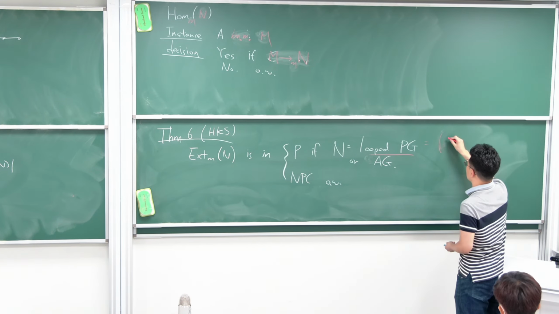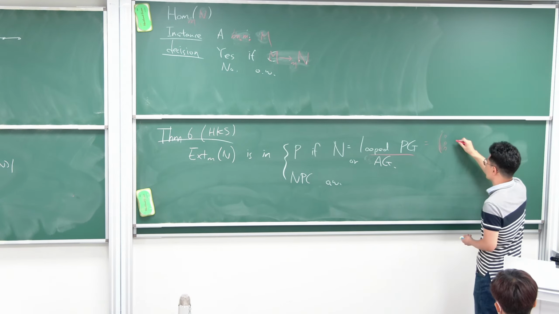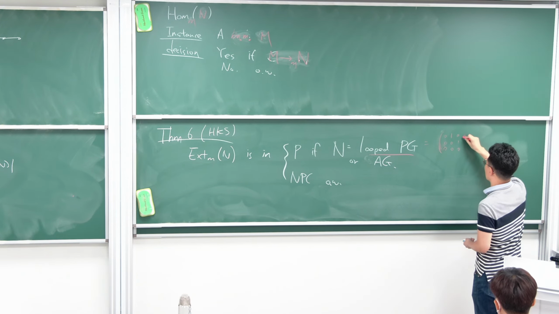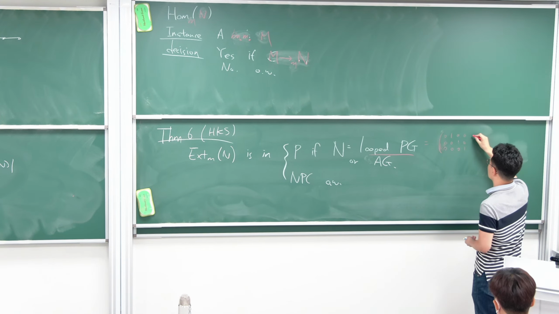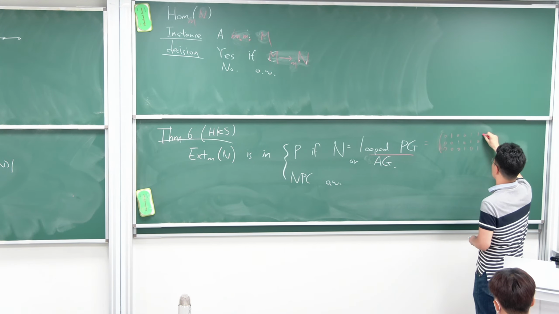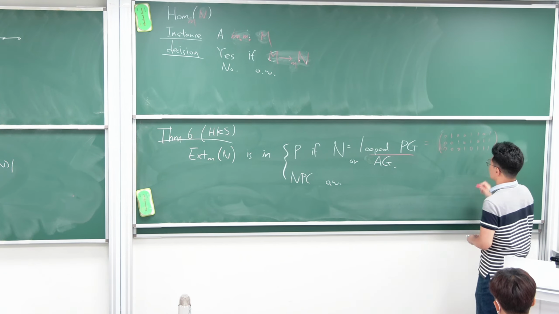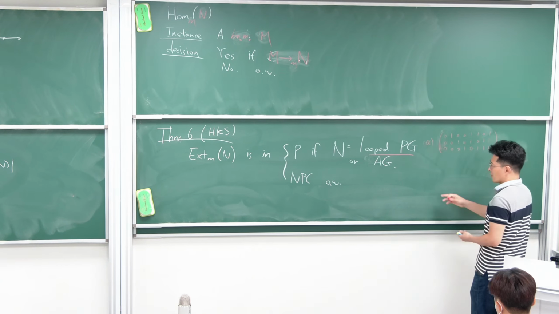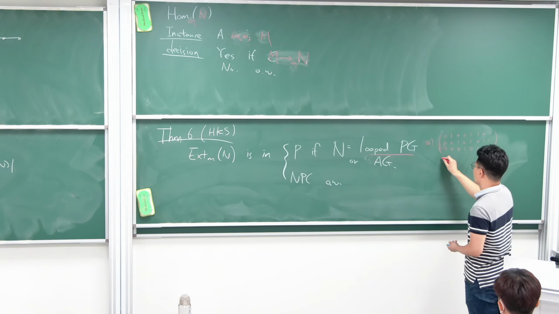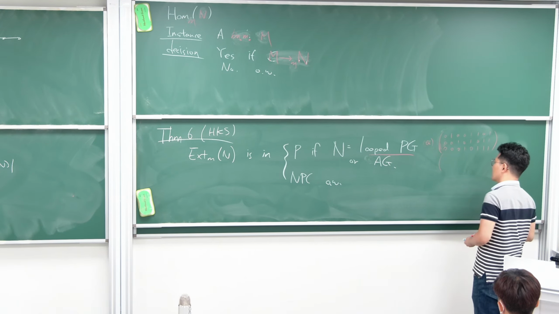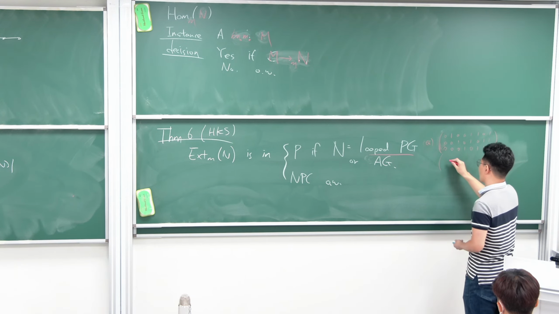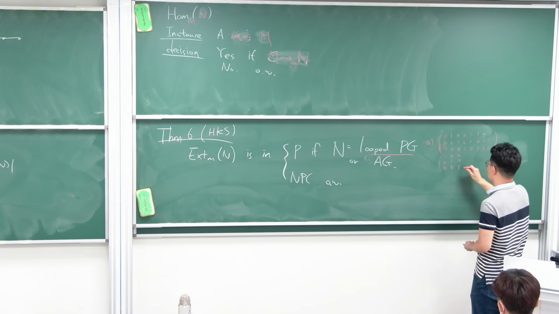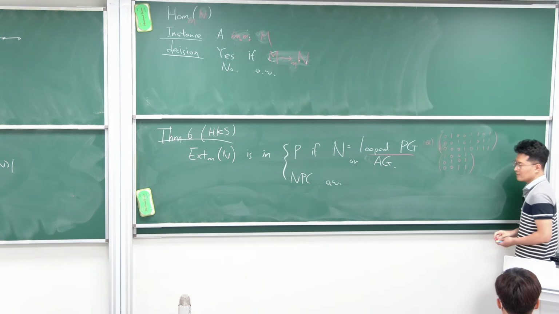So, for example, with rank 3, we have every possible vector. This is one example. And for affine geometry, we have columns with an odd number of ones. So it's 0, 1, 0.